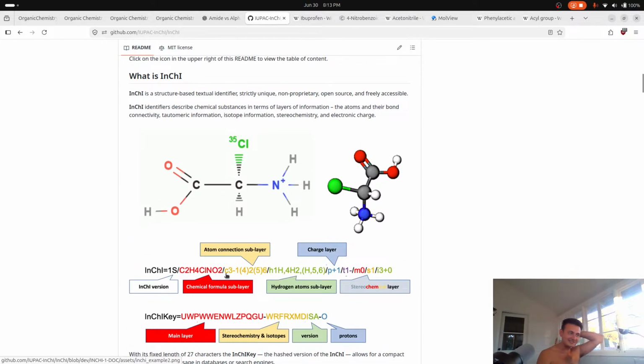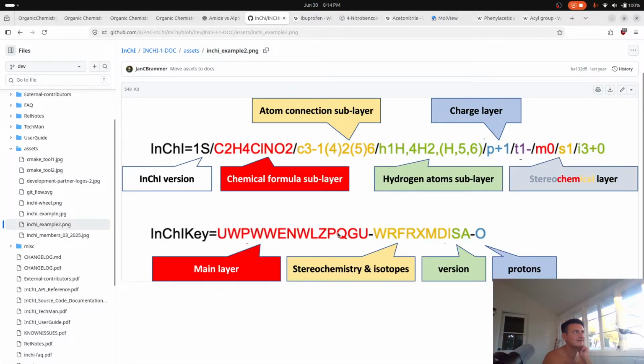Why do they hash it? Wait, why are there three different colors here? Presumably this has meaning. They wouldn't have written this in three different colors if it didn't make some sort of sense here.